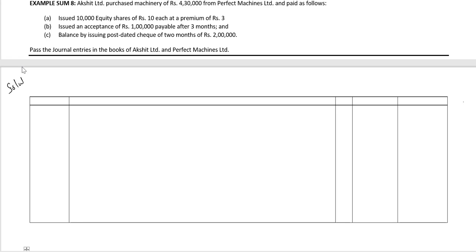Solution. We'll begin with the journal entries in the books of Akshit Limited.